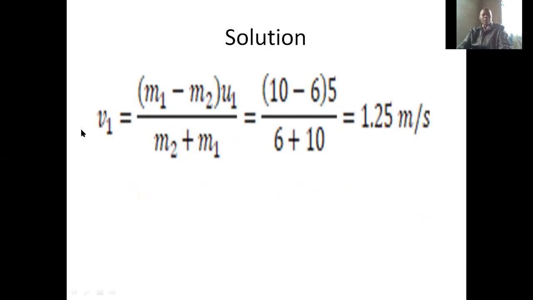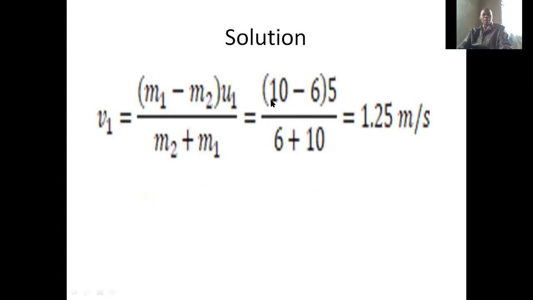We find that v1 is equal to (m1 minus m2), in brackets, multiplied by the initial velocity u1, over m2 plus m1. And you may now substitute the masses.